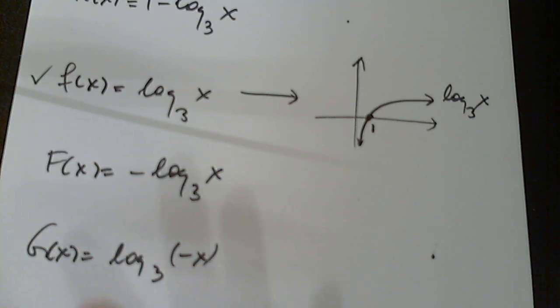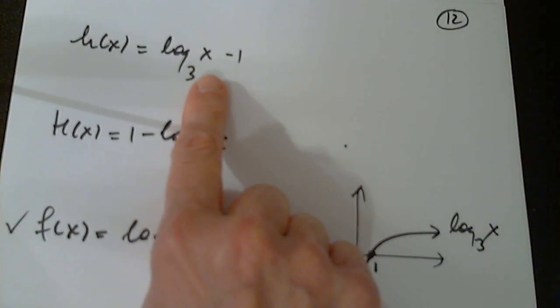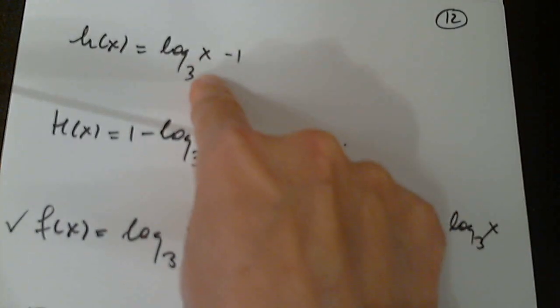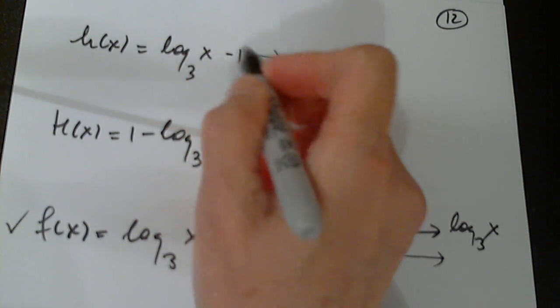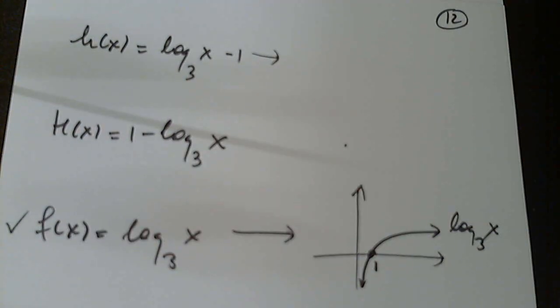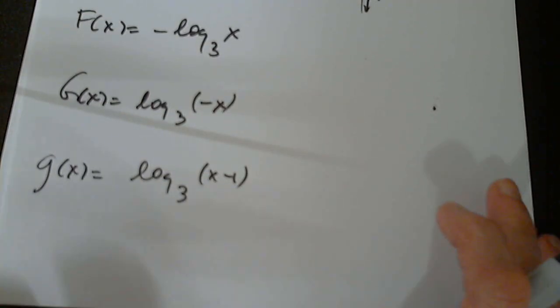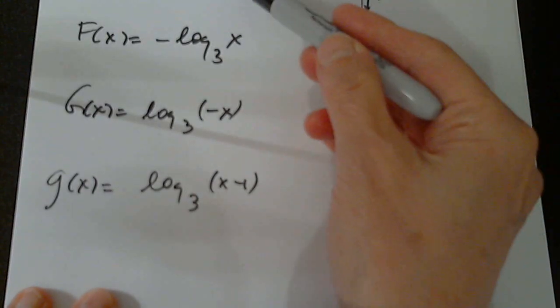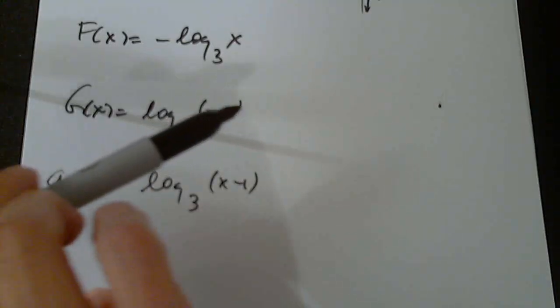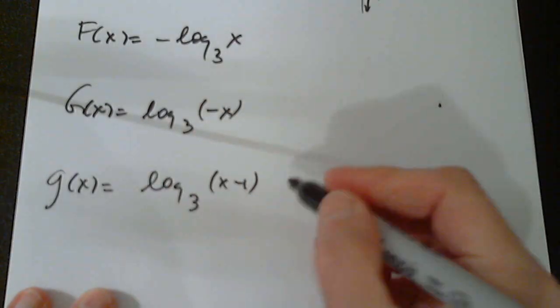Good. The next one is a good one. What will I do to this graph to determine this or to graph this? I like this exercise. Move it to the left 1. It's not in parentheses, so I'm not changing x. If it's in parentheses, I'm changing x into x minus 1, which means a shift to the right.